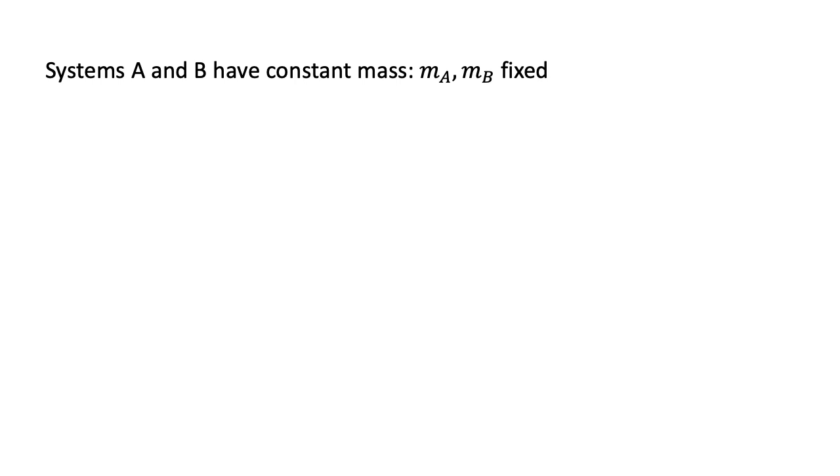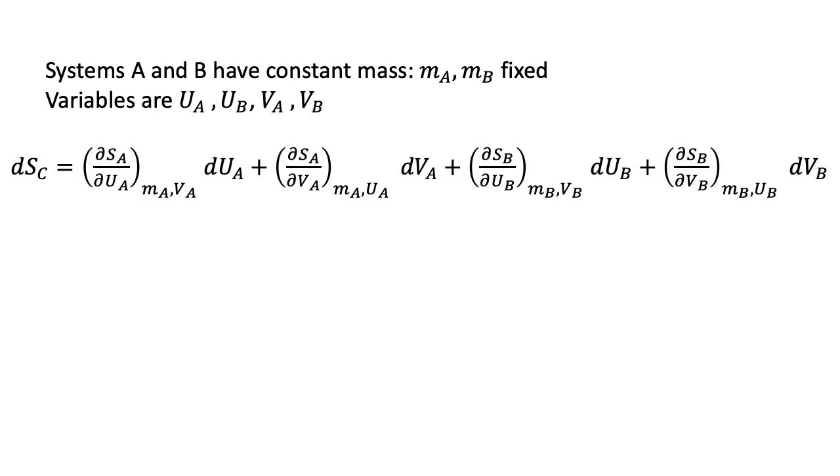Now in this case, systems A and B have constant mass, so MA and MB are fixed. But UA, UB, and the volumes VA and VB all can change. So now when we write dSC, we end up with four terms.